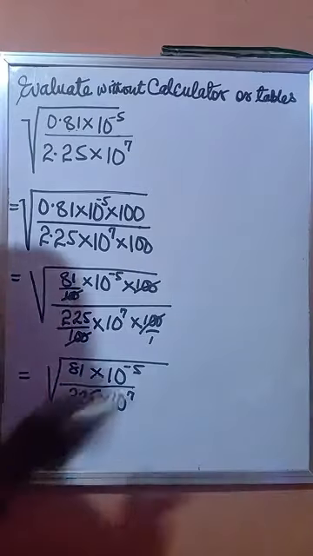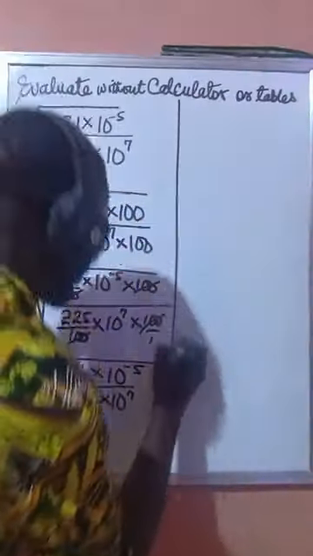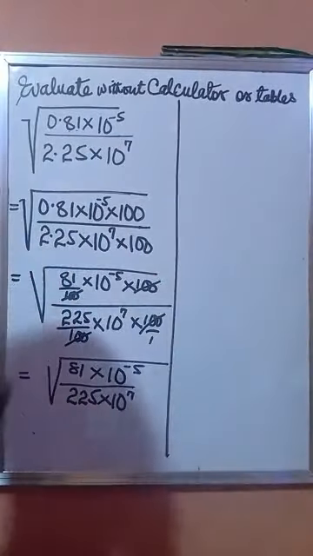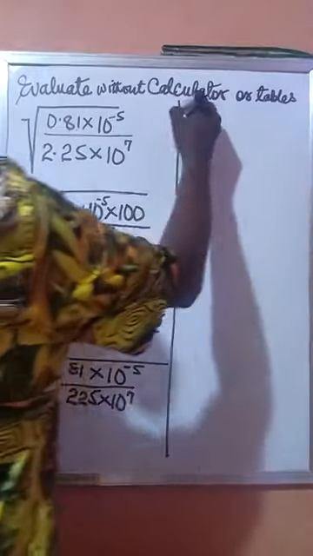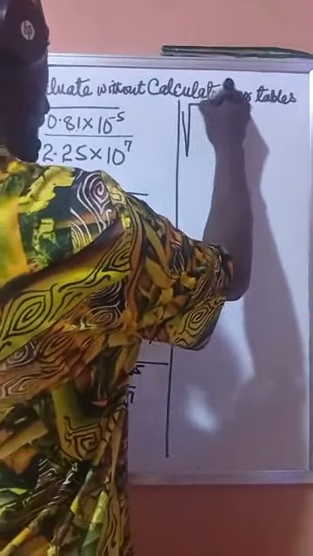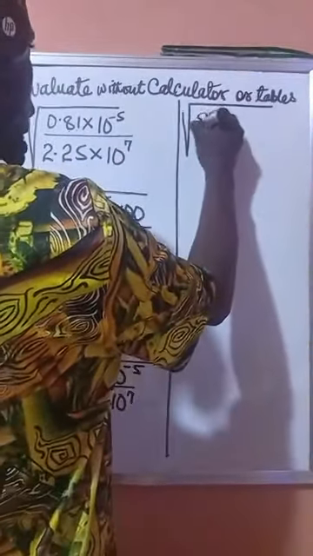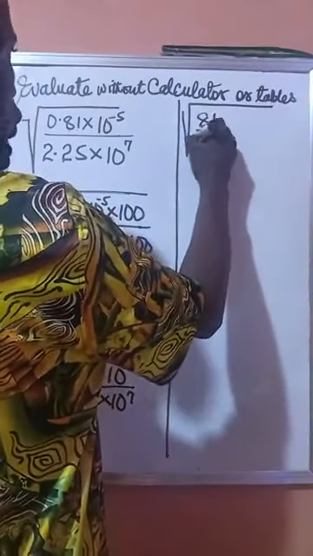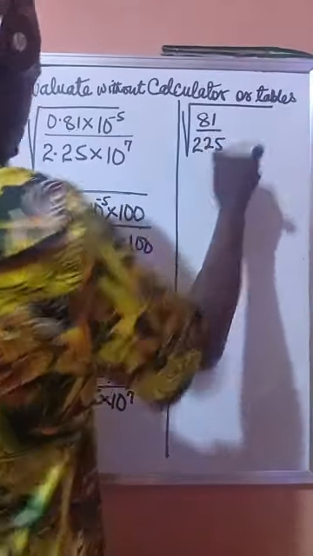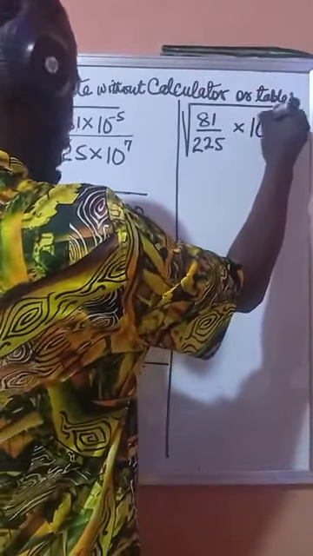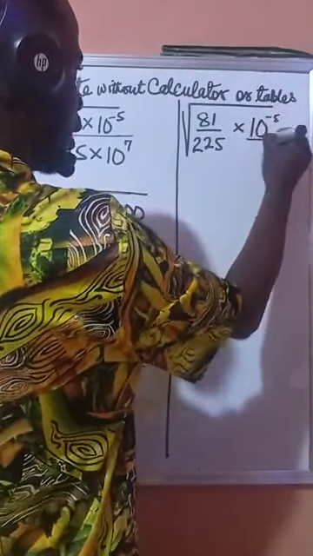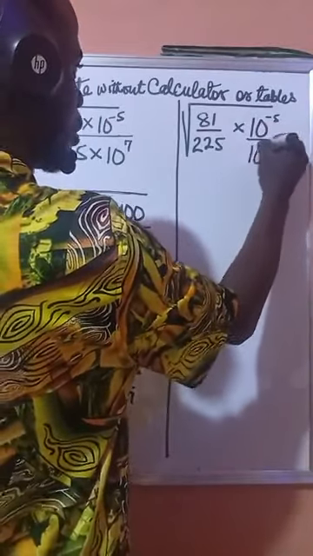Now, going further, we can write this as square root of 81 all over 225 times 10 raised to the power minus 5 divided by 10 raised to the power 7.